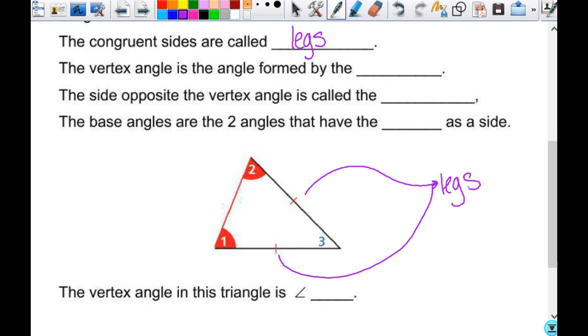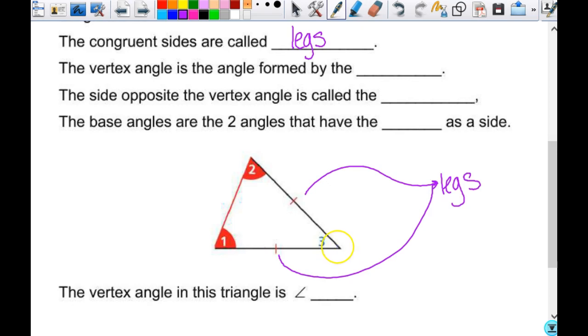Now, a triangle has how many vertices? 3. So this is a vertex, this is a vertex, this is a vertex, right? But then there also is, for an isosceles triangle, the vertex. So this is the vertex of the triangle itself. Even though yes, this is a vertex, this is the vertex of the triangle. So right here it's created with the 2 legs.